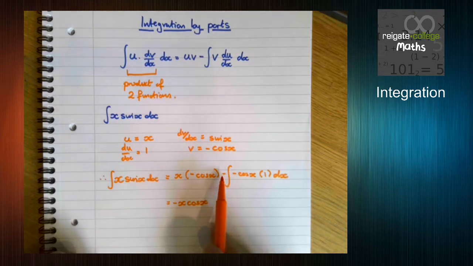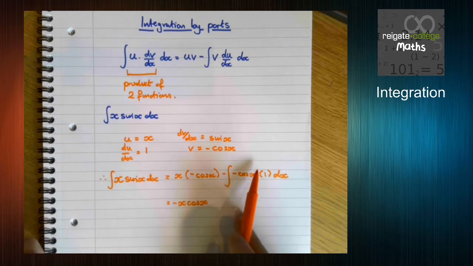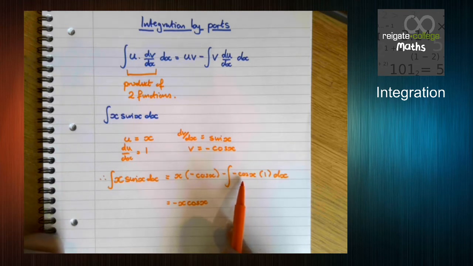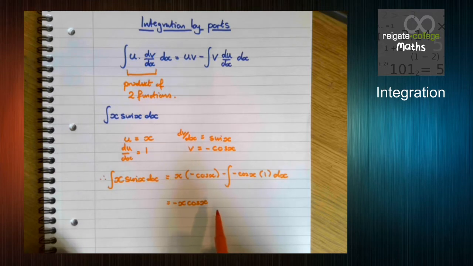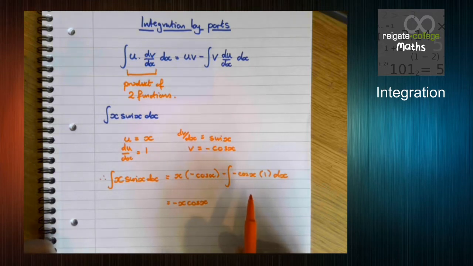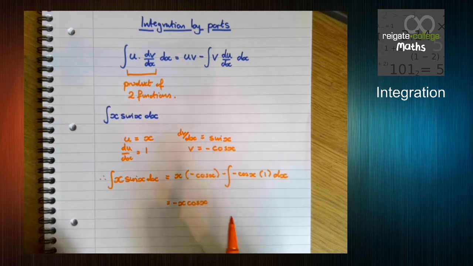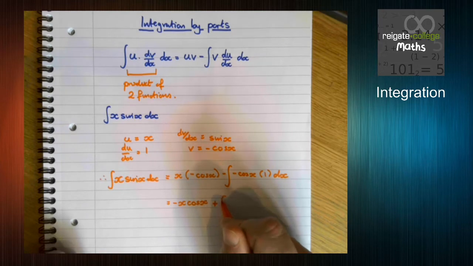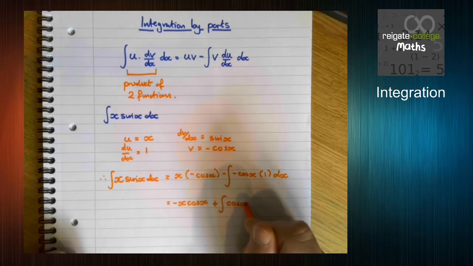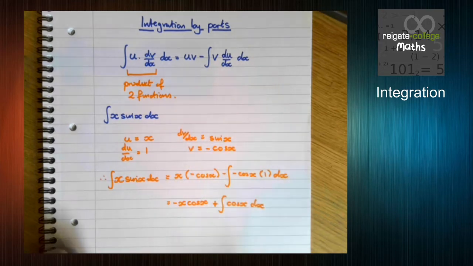Now notice how we've got a minus and a minus. We could, of course, integrate minus cos x. That's fine to do. But why would we want to? Why would we want to worry about having two minuses next to each other later on where we can see very clearly it's going to simplify there?